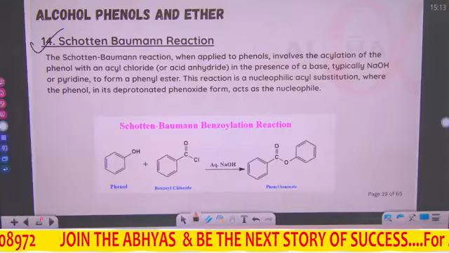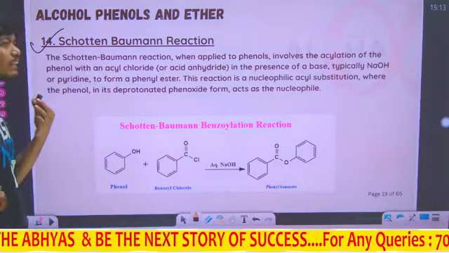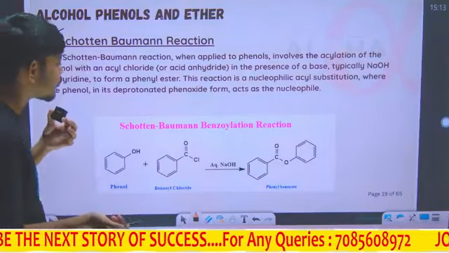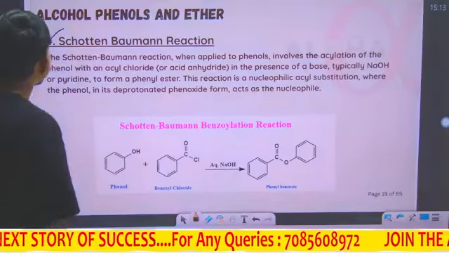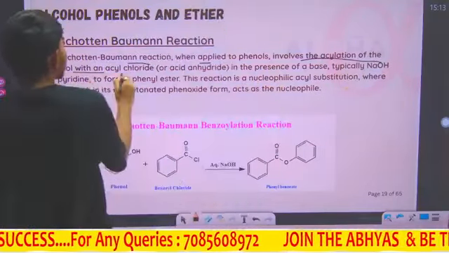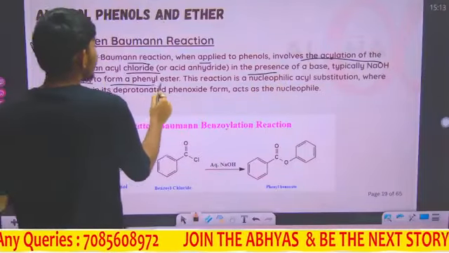It is a kind of alkylation, acylation, like your Friedel-Crafts reaction. What does it say? When applied to phenol, it involves the acylation of the phenol with an acyl chloride in the presence of a base, typically NaOH or pyridine, to form a phenyl ester.